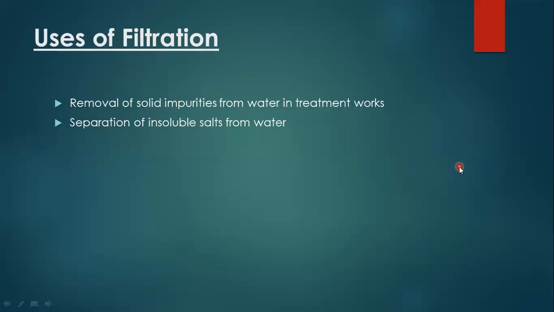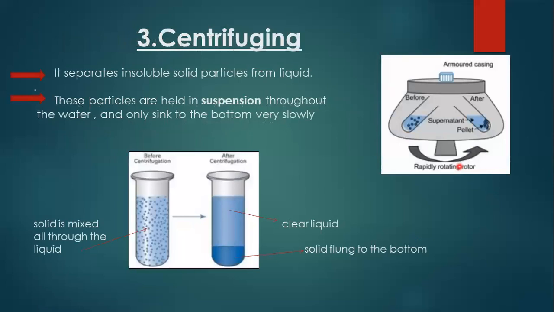The third technique that can be used for separation of such mixtures is centrifuging. It separates the insoluble solid particles from the liquid. It also works on the same principle, and it can be used for the same kind of separations, like any insoluble solid from a liquid.